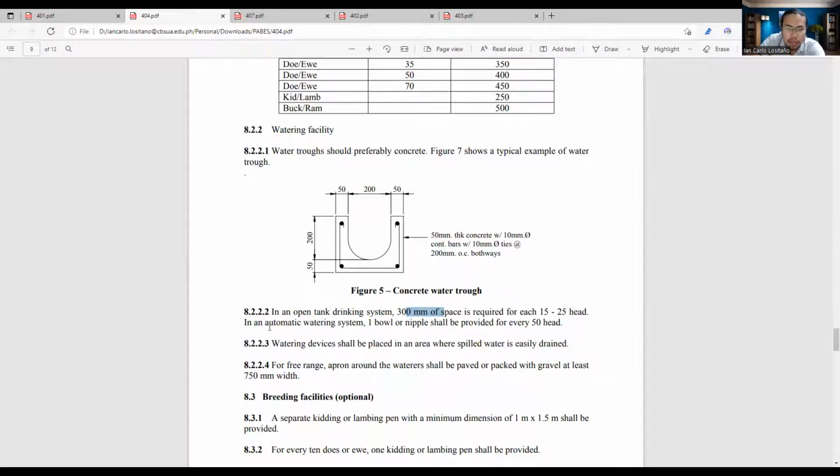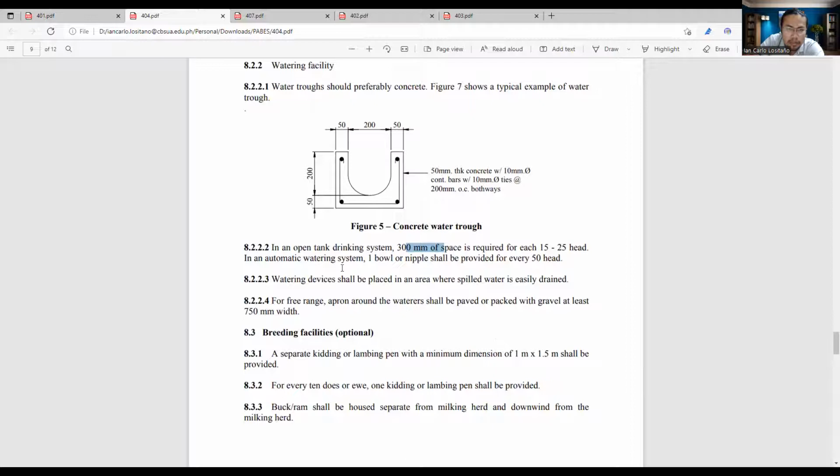In an automatic watering system, one bowl or nipple shall be provided for every 50 heads. And watering devices shall be placed in an area where spilled water is easily drained. This is to avoid ponding and to avoid soiling the place. For free range, the apron around the water shall be paved or packed with gravel at least 750 millimeters in width.